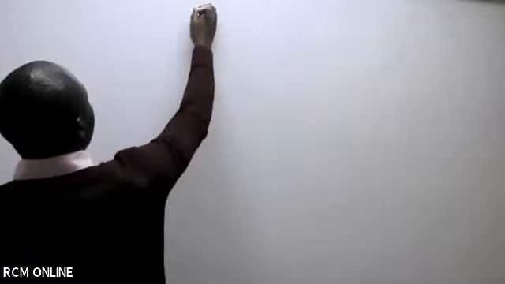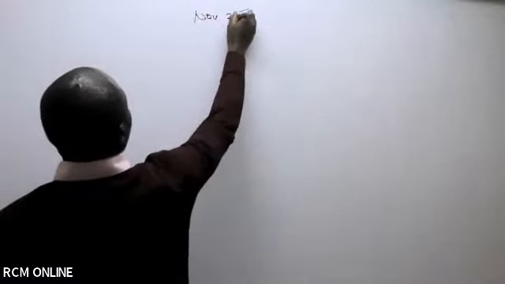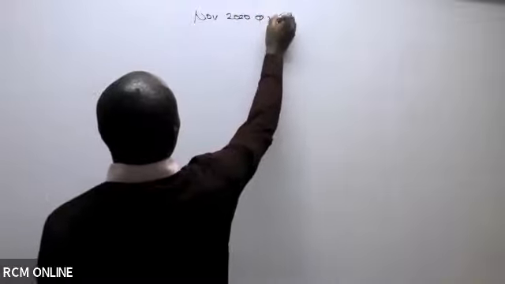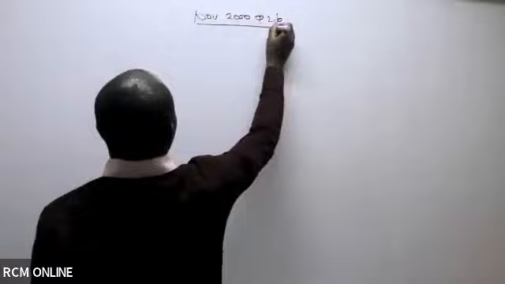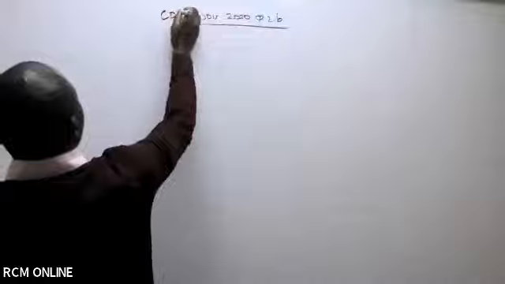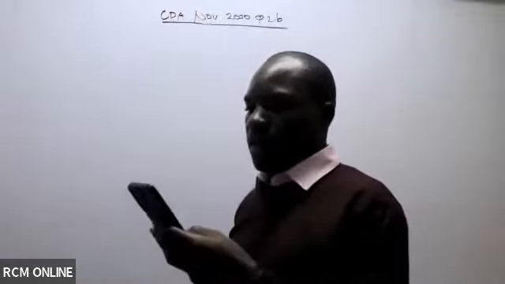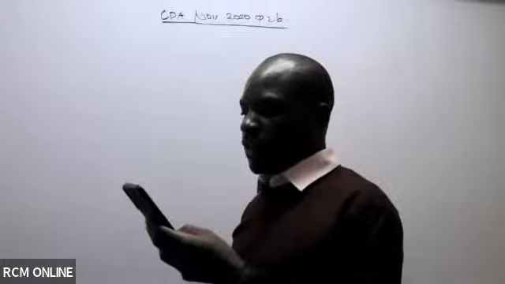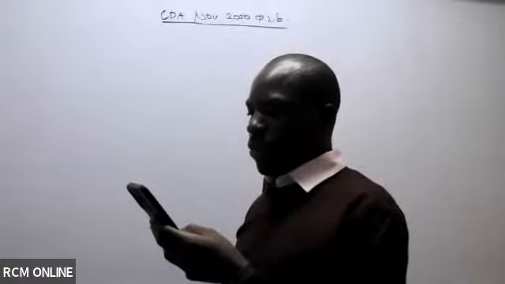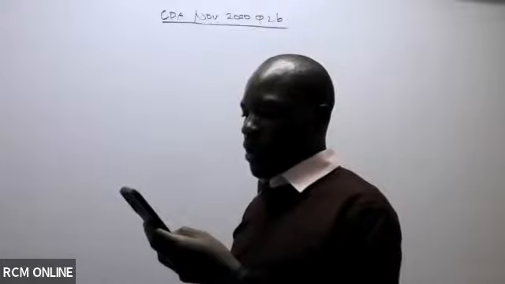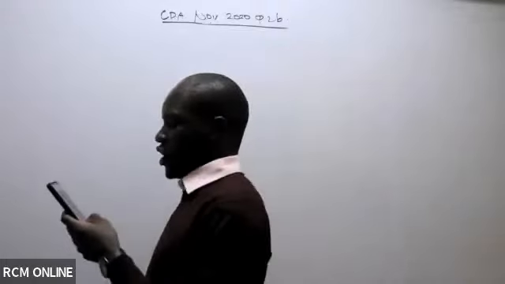So without taking much time, let's take the first one. Let's look at the first one very first. Talking about the CPA, let's start with the piece rate. So the piece rate here, we are dealing with 3 people. We are dealing with Amboga, Banyala, and Charlie.